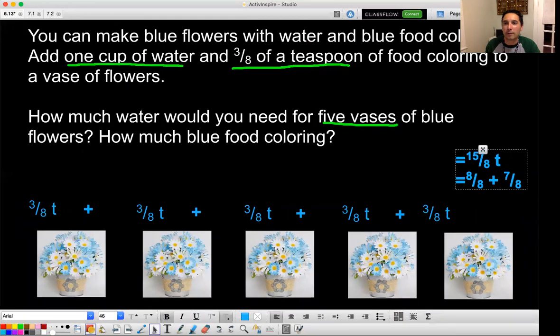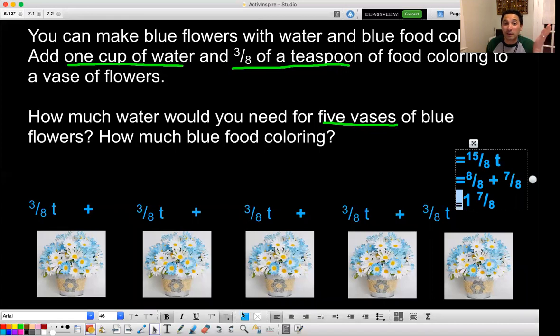So then we would have to think of it like, what is 1 whole? 1 whole is 8/8 and 7/8. So if you were using teaspoons, you would need 1 and 7/8 teaspoons.